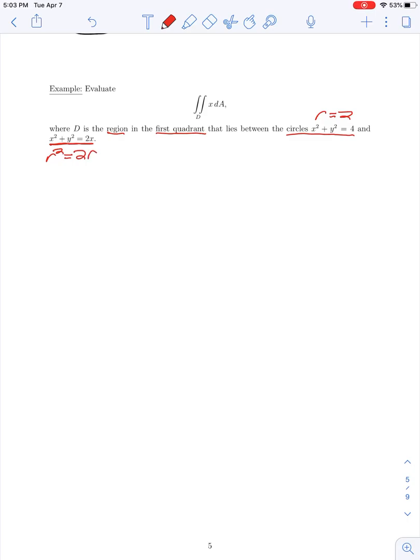That's equal to 2 times x, which is r cosine theta. So dividing both sides by r, we have r equals 2 cosine of theta.